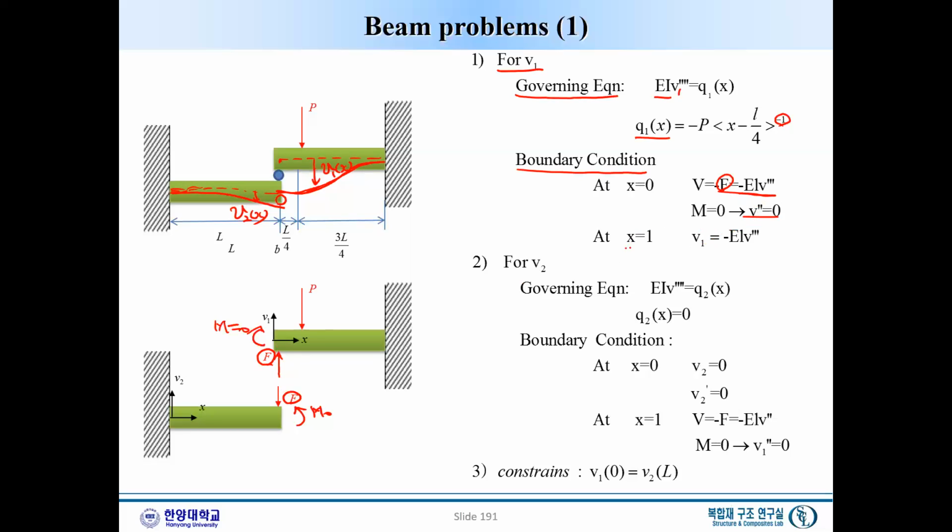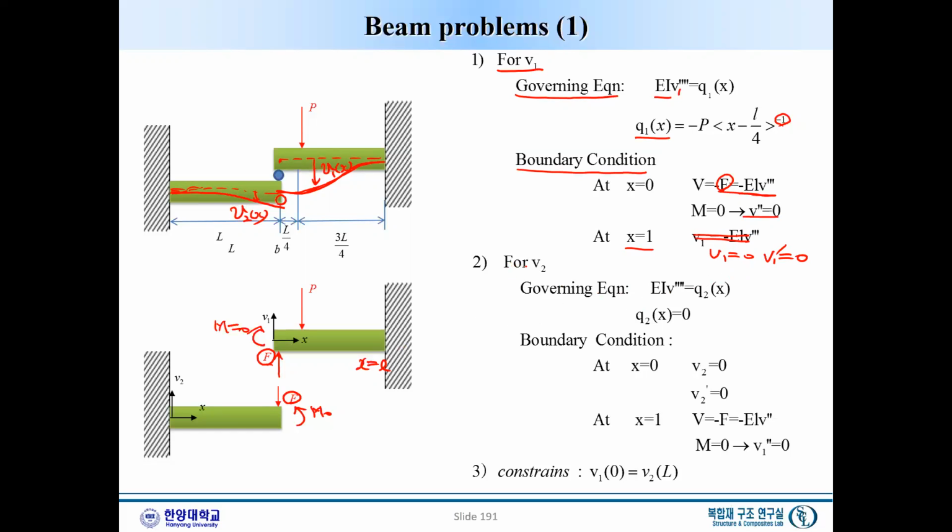And x equals L, in this case, x equals L is here. I'm sorry, this is not correct. V1 equals 0 and V1 prime equals 0, since it's clamped. Okay.